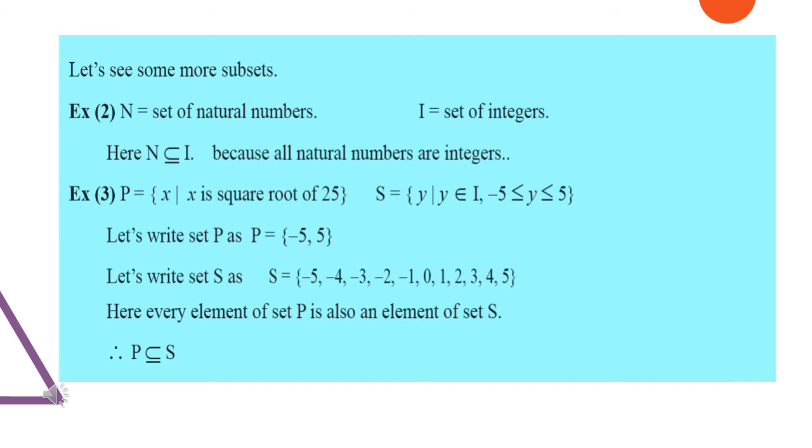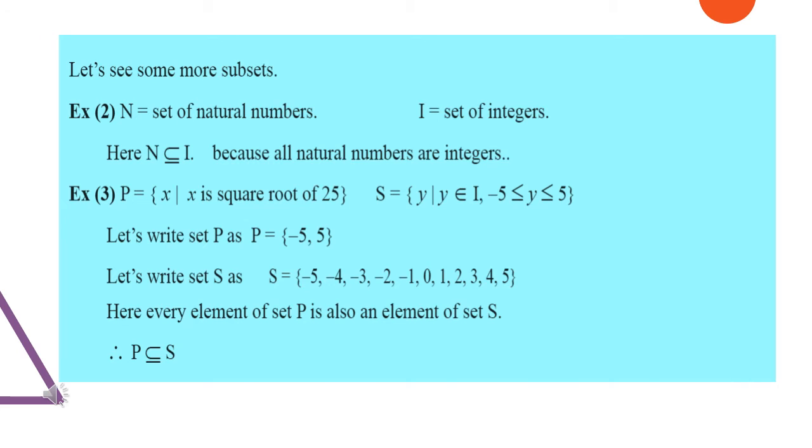N stands for set of natural numbers and I stands for set of integers. Now think and tell me, all the natural numbers are nothing but positive integers? Yes. So can I write that N is a subset of I? Yes. So this is an example of subset.